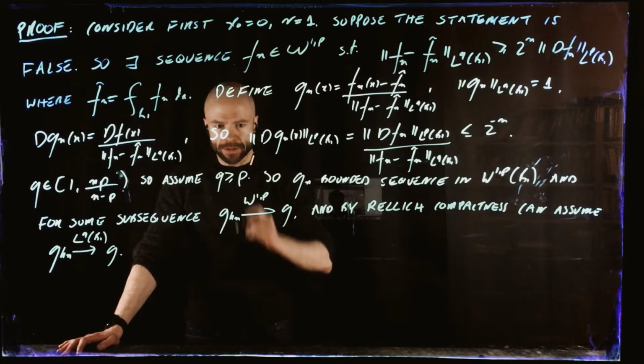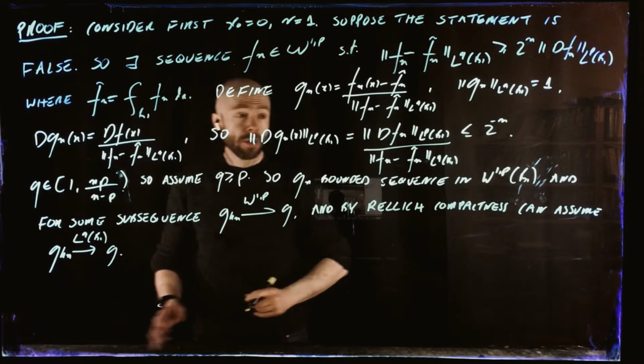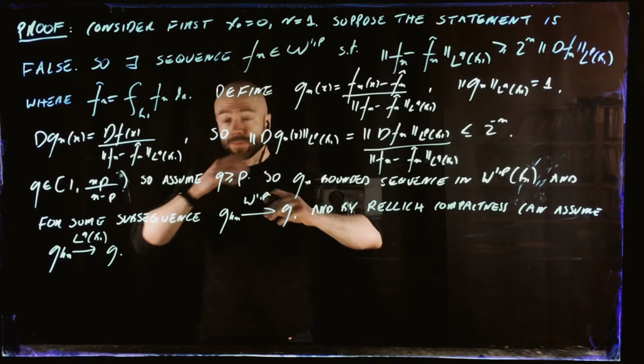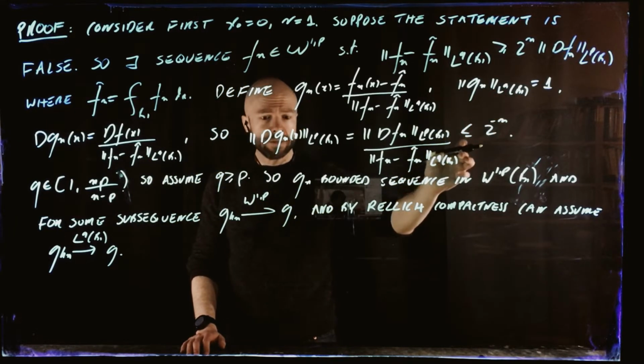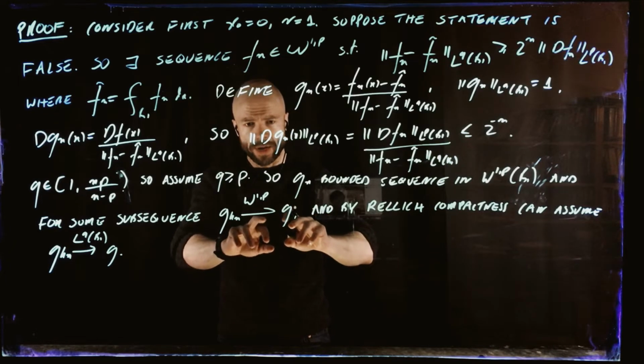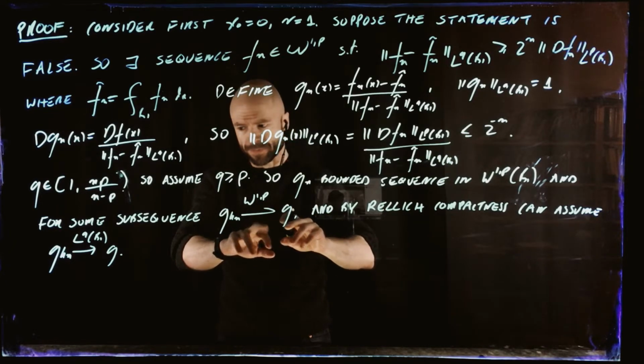Cool. All right, so with these things, what we know is that these gradients in L^q are tending down to 0. So it's not surprising that the weak limit will also be 0. Let's see that.